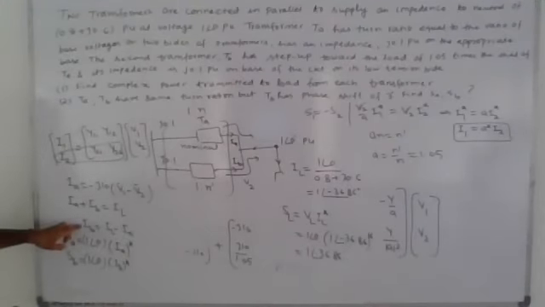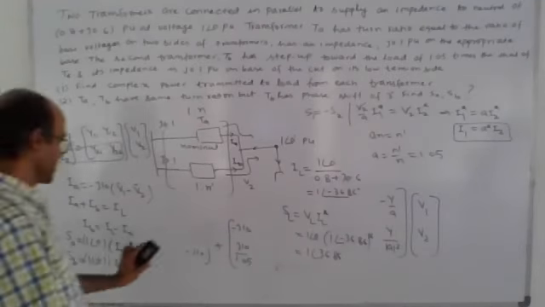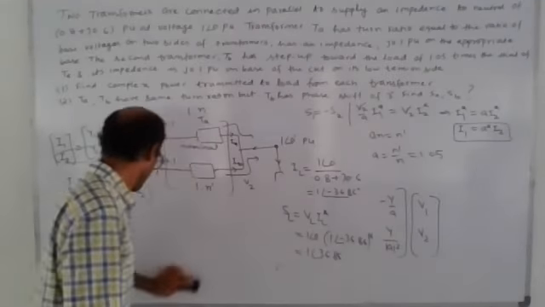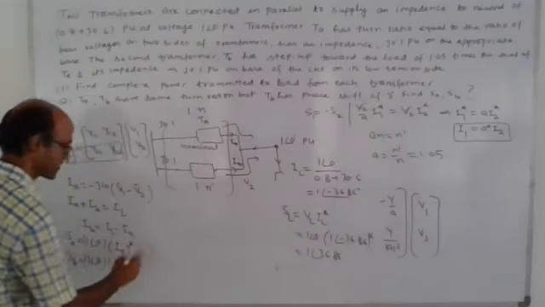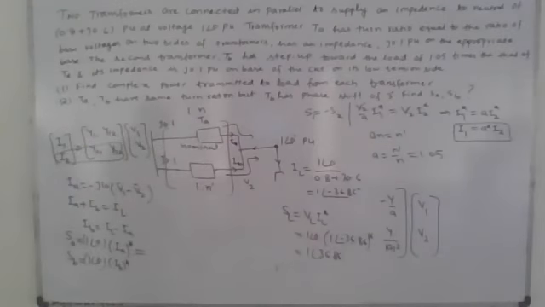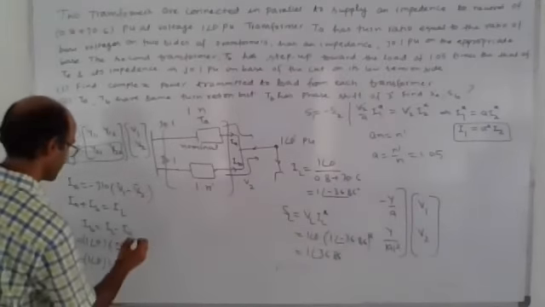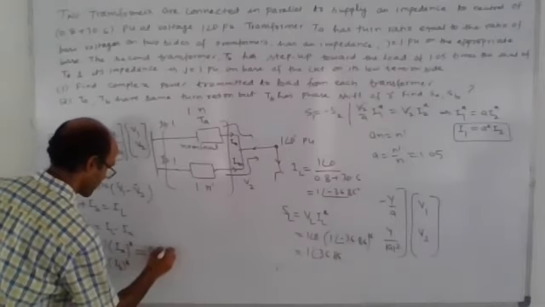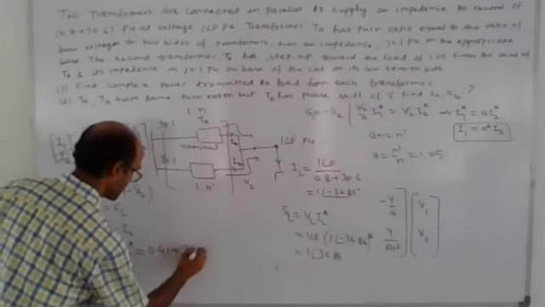So we are getting IB from here. In that way, we are getting SA and SB. So if you are computing it, we are getting the values I am showing here. So SA is what? 0.41 plus J 0.08.